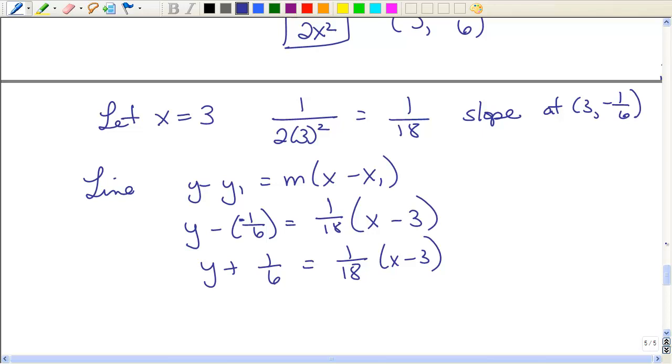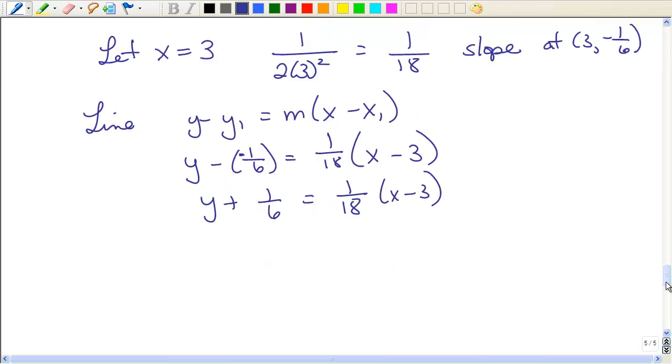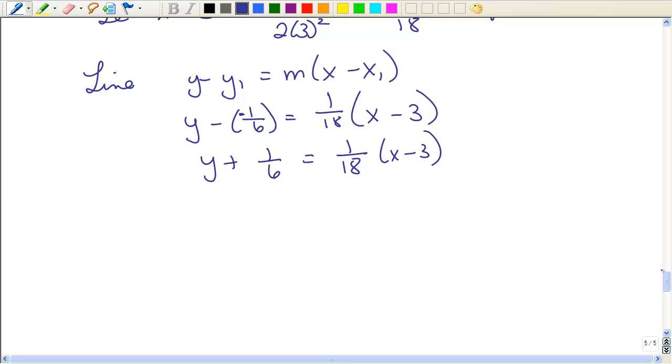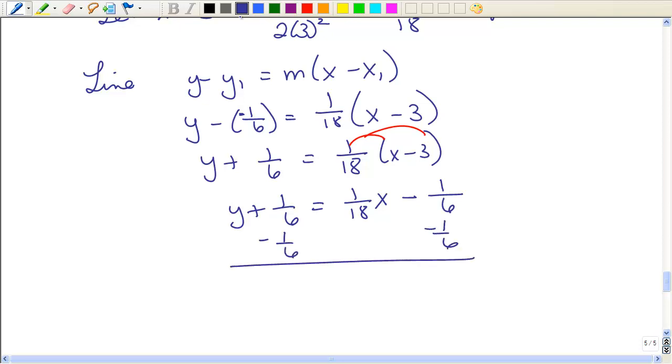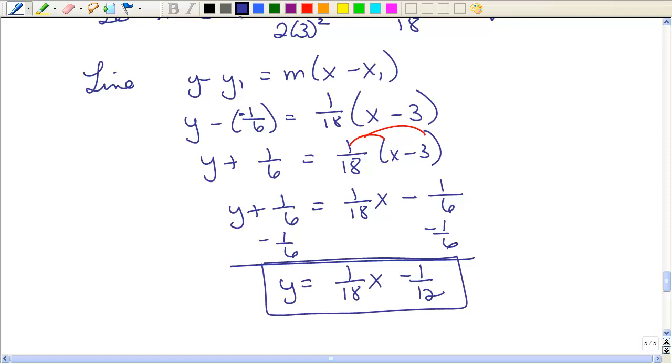At this point, again, I'm not too sure what format the computer asks you to put it in. We could solve for y. Let's do that. So if I distribute my 1/18, let's see, 3 over 18, 3 goes into 18, what? So then if I subtract 1/6 from both sides, that would be the equation of the tangent line to the graph of 1 over 2x at that point.